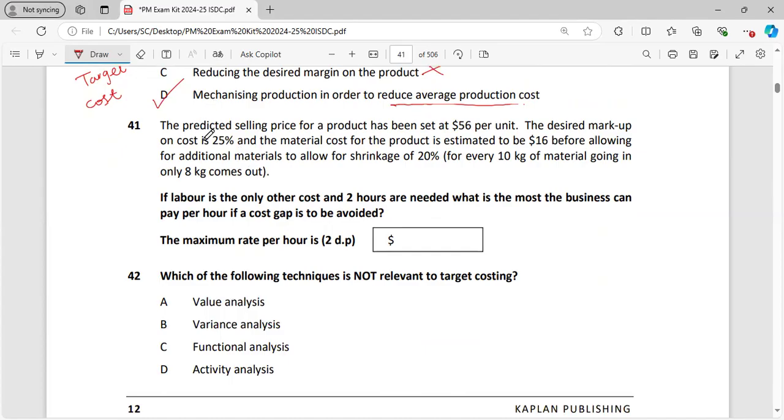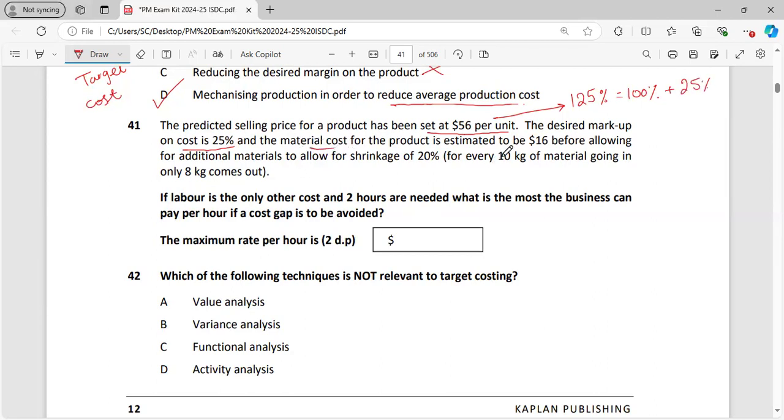The predicted selling price for a product has been set at $56. The desired markup on the cost is 25%. It means this $56 is showing 125%, which means 100% of the total cost and 25% of this markup.